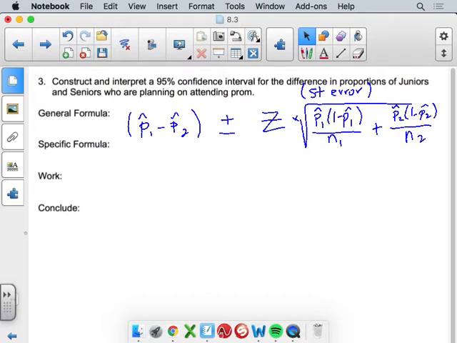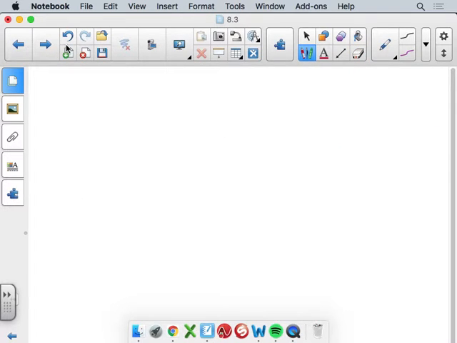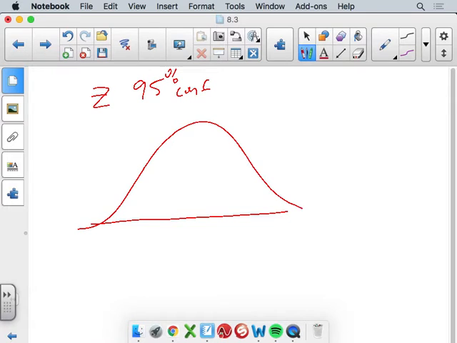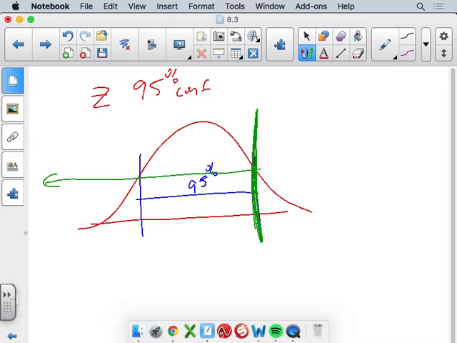All right, and just for a reminder for y'all, and going over it for the at-home people as well. The big thing with the z-score, a z-score for 95% confidence. The way the table works, 95% confidence means we want the middle 95%, and the z-table is limited to all the values less than.